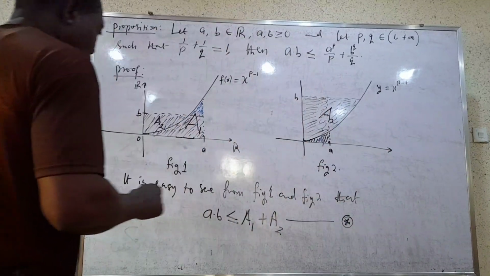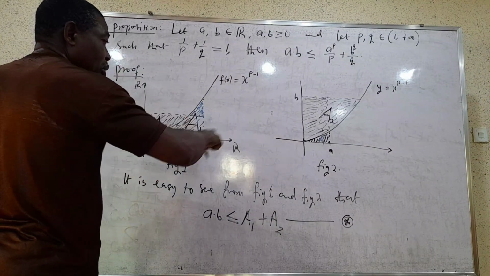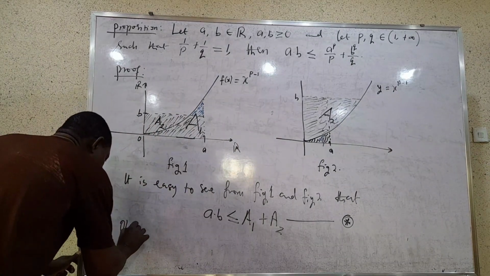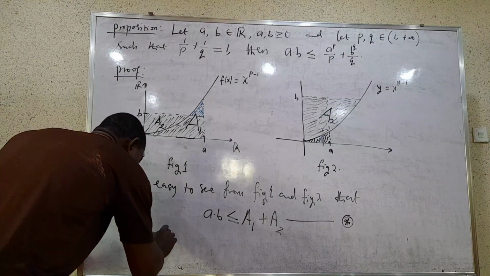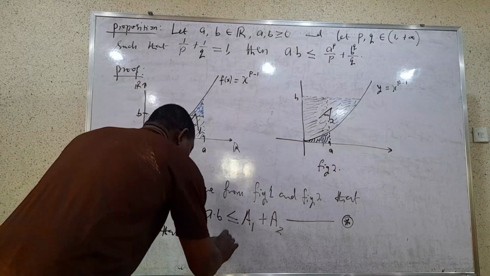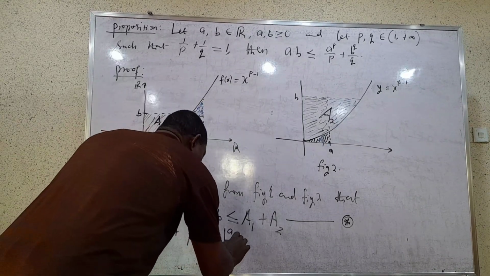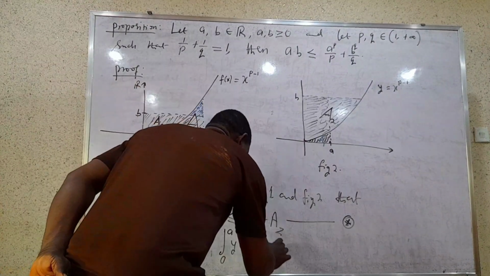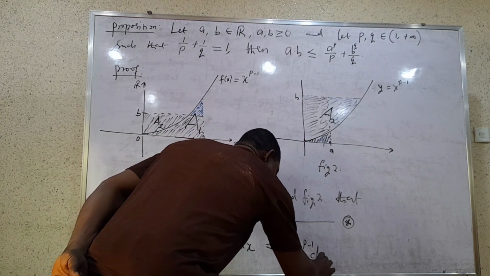So, from there, but what is A1? In either this or in both cases, in both figures, observe that irrespective of the figures, A1 is equal to the integral from 0 to a of y dx, which is equal to the integral from 0 to a of x raised to power p minus 1 dx.